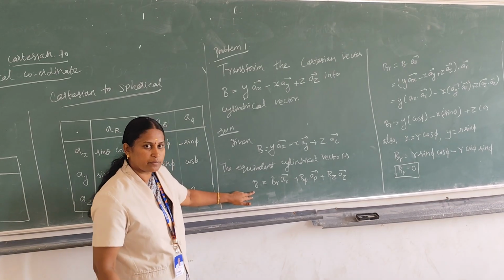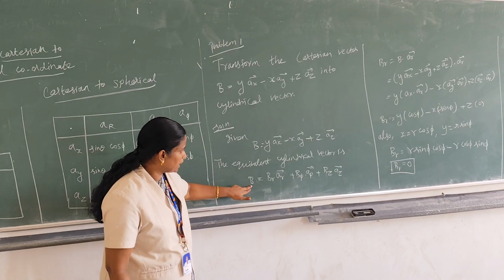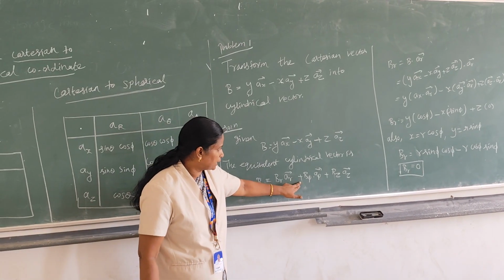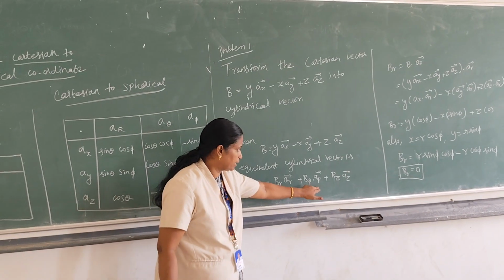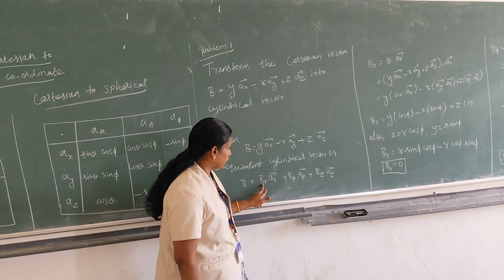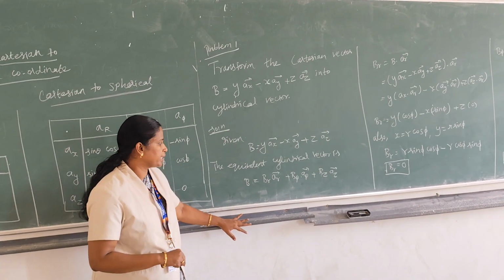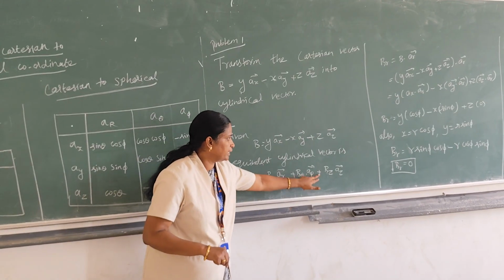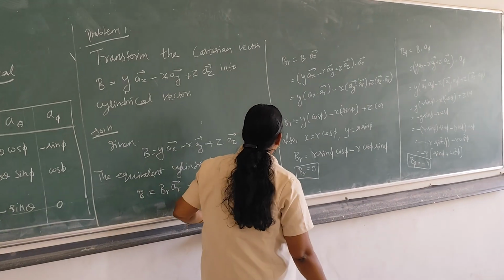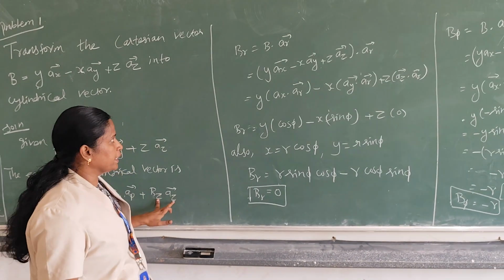The cylindrical vector can be written like this: B is equal to BR AR vector plus B phi A phi vector plus BZ AZ vector. Why? Because the cylindrical coordinates are R, phi, Z. So in this equation we have to find BR, B phi as well as BZ.